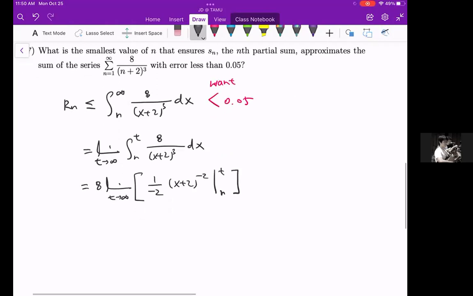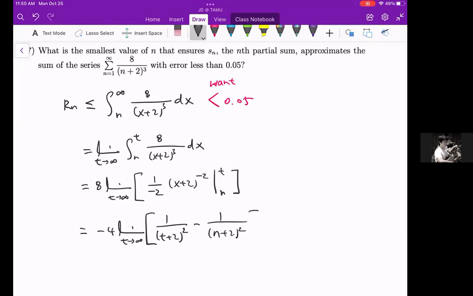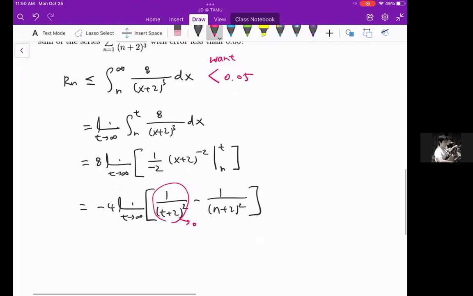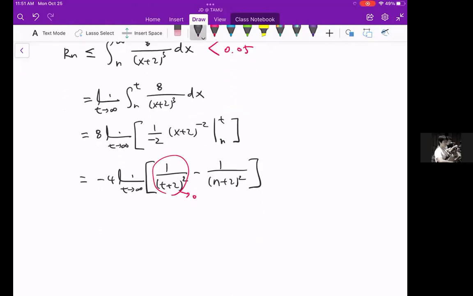Let me pull out another coefficient, which is -2. It is -4 times the limit as t goes to infinity. When I plug in t, it is 1 over (t+2) squared minus 1 over (n+2) squared. Since t goes to infinity, this part goes to 0.